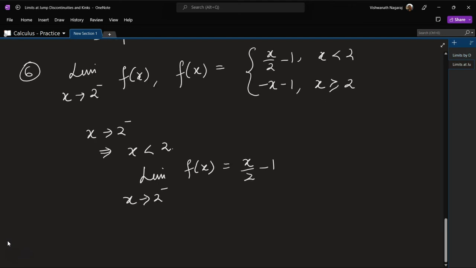So now what happens? We can't take x equal to 2. So let's take values from the negative side.